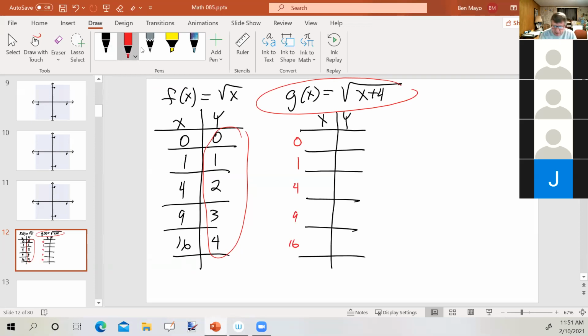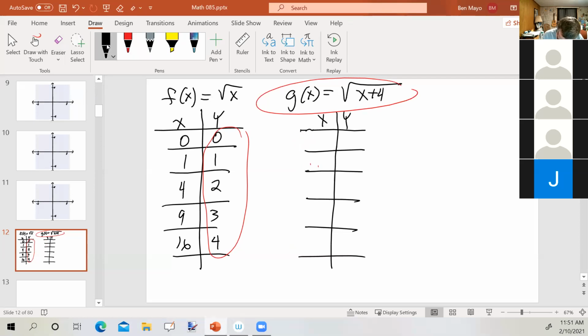and 16, once we put them into the function, we're going to add 4 to them. Well, 0 plus 4 is 4. The square root of 4 is nice, but 1 plus 4 is 5. The square root of 5 is not nice. 4 plus 4 is 8. The square root of 8 is not nice. So how can we get answers that are nice versus not nice, so that we don't have to use decimal approximations?